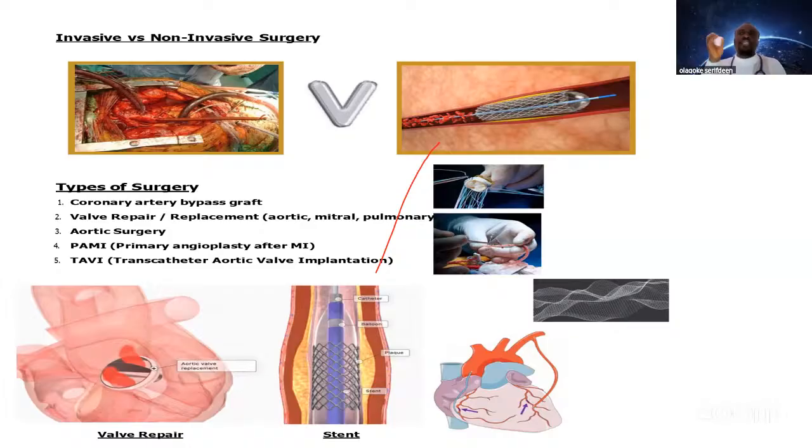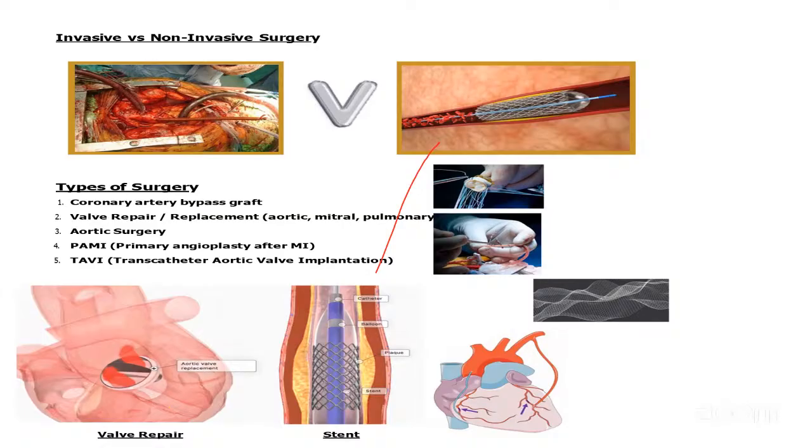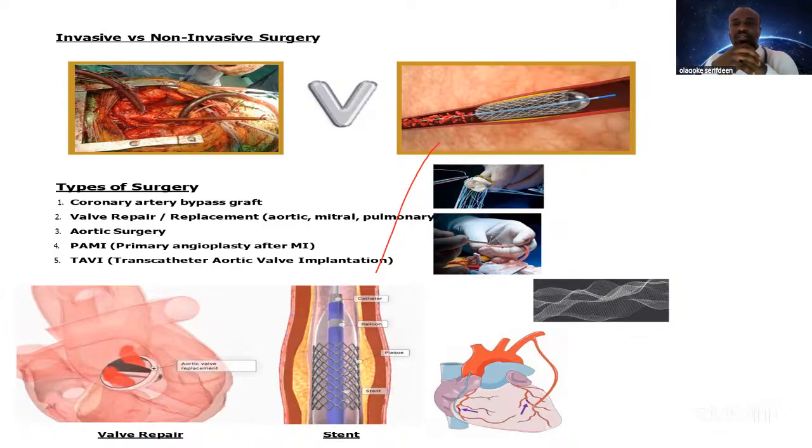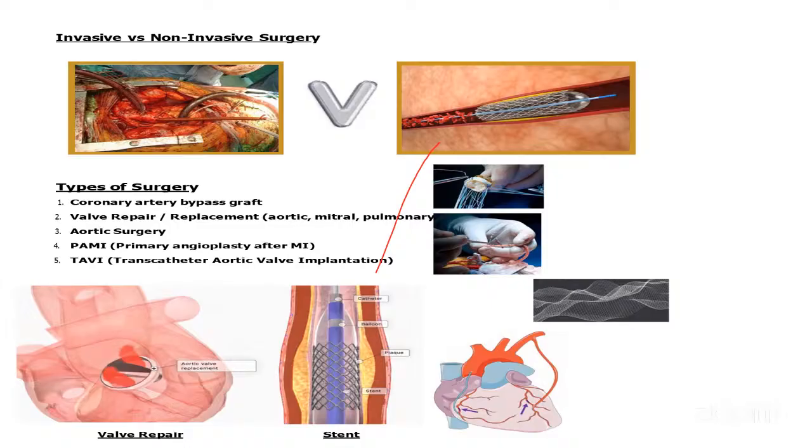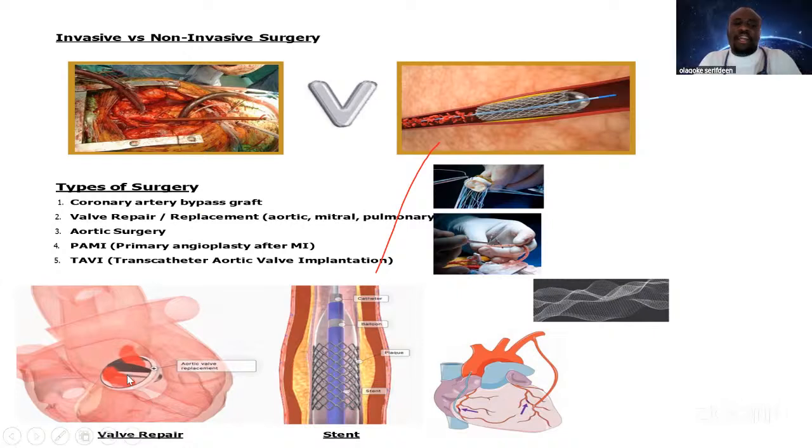Now, if this valve is stenotic, in the sense that it becomes stiff, what will happen? Difficulty for blood to flow. And this valve can also be floppy, and what that means is it has lost full control. In that regard, blood might start flowing backward. So if you look at the valve here, what I'm saying is two things generally.